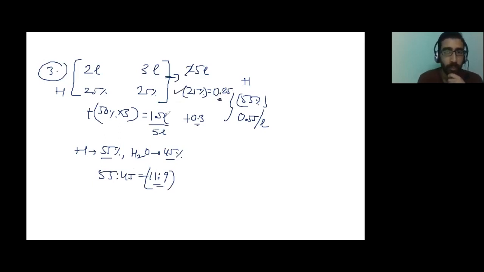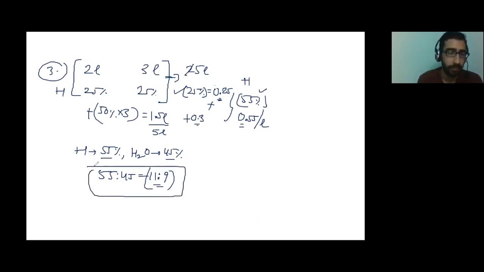And then 1.5 by 5 liters is 0.3 per liter. You add these two values, 0.25 and 0.3, and you get 0.55 per liter, which means out of 1 liter, 0.55 is honey, which means 55% is honey and 45% is water, and you get the same ratio.